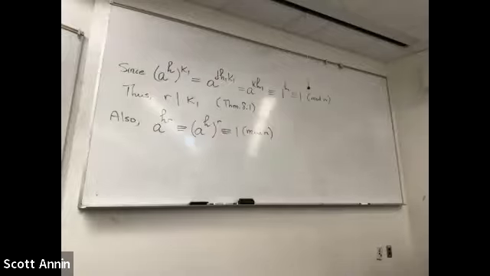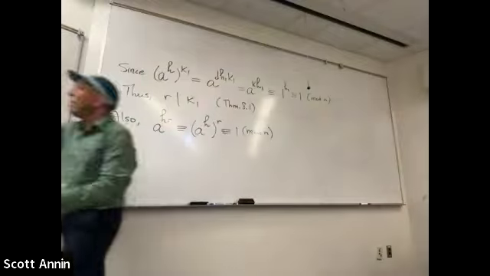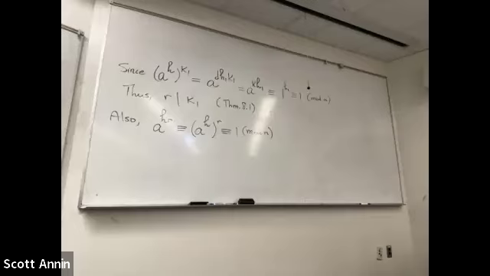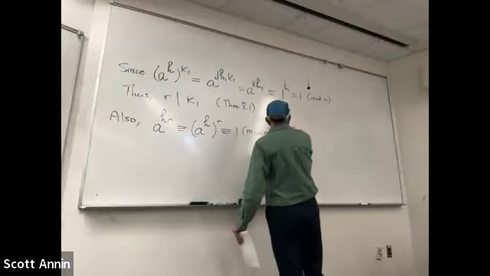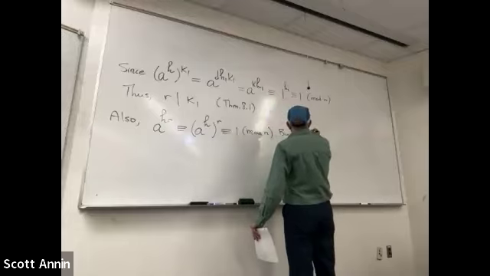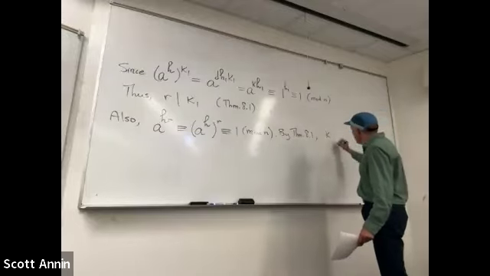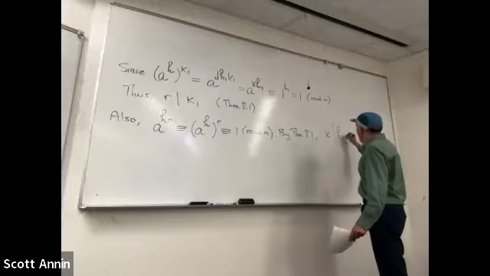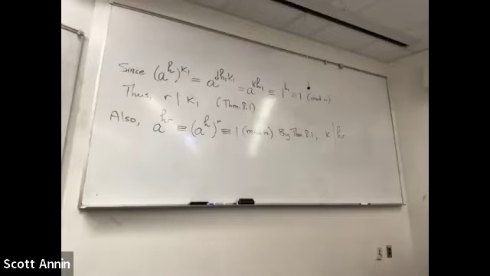Let's see. Oh, so I found a power of A that's back to 1. That power must be a multiple of the smallest power of A that gets me back to 1. So this means, again, by theorem 8.1, K would divide HR. Keep in mind what I'm trying to prove.